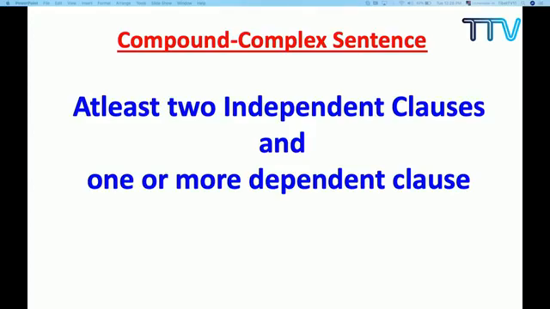The sentence can also have more than one dependent clause, according to your own convenience. You can introduce two dependent clauses instead of one. Now, this is about compound complex sentences.